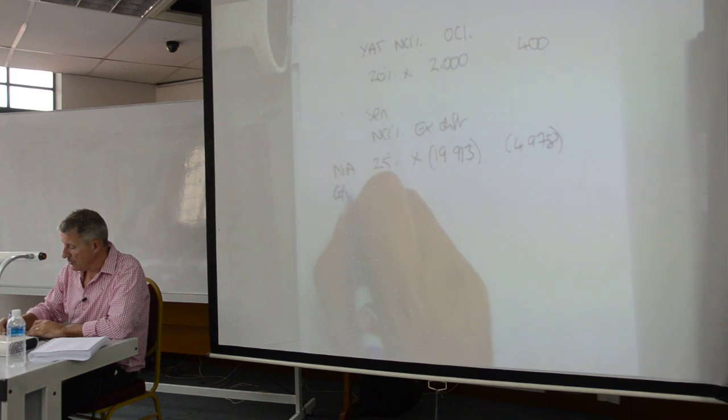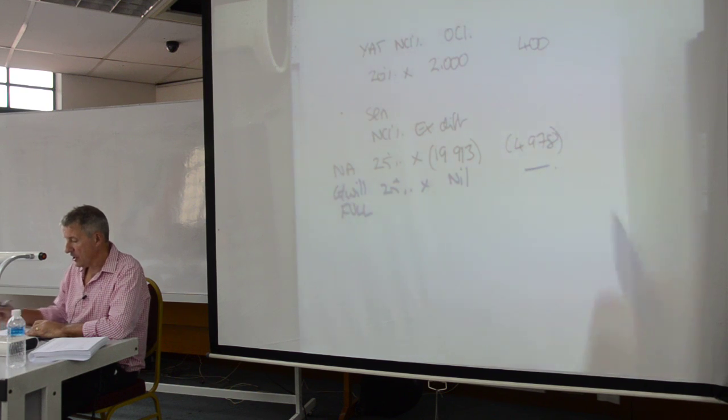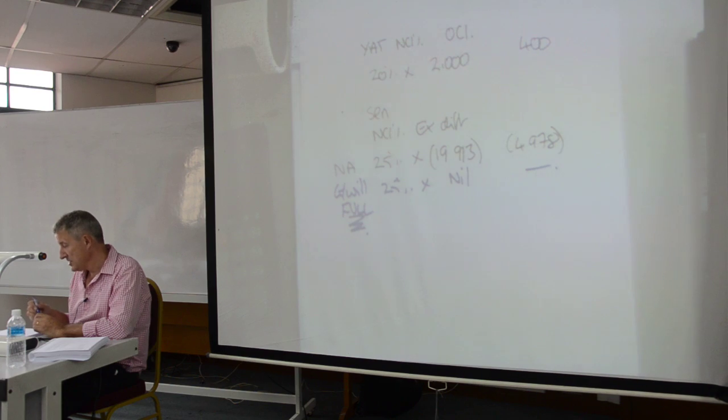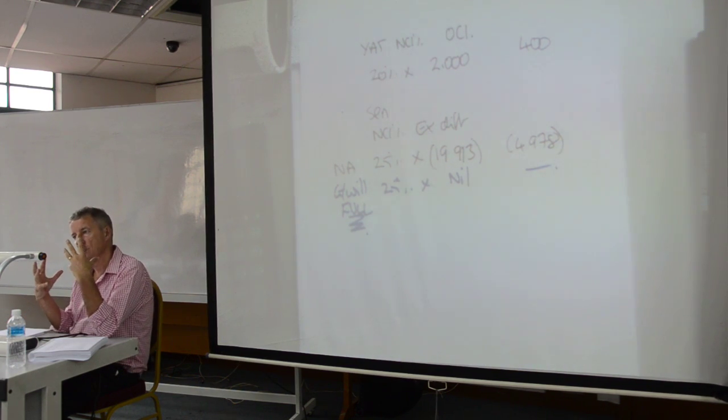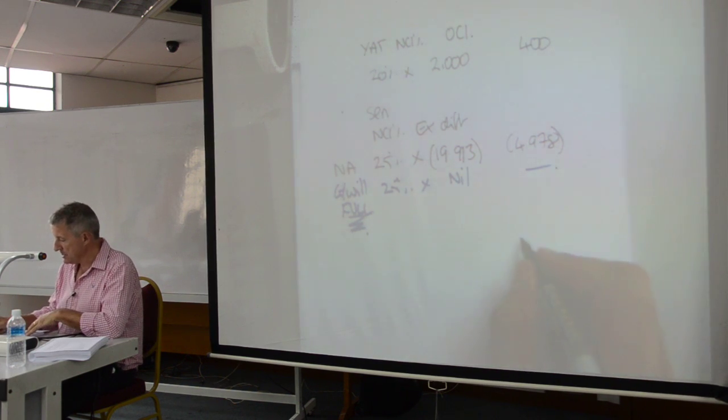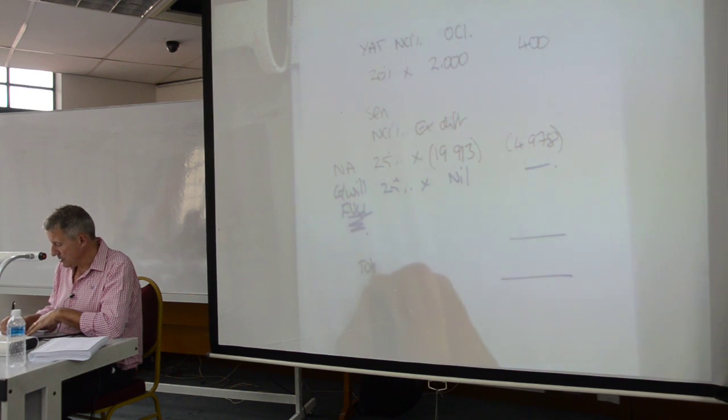Now, you would have it on the goodwill if it was full goodwill, but it is not full goodwill because we had goodwill on a proportional basis. So the NCI has no share in the exchange loss on the goodwill because NCI was calculated on a proportional basis.